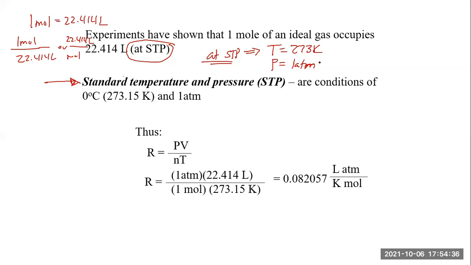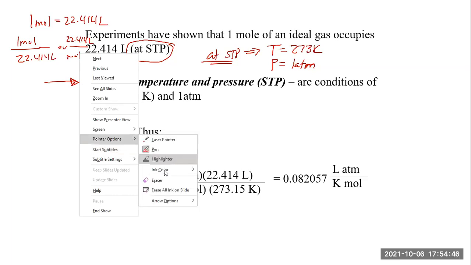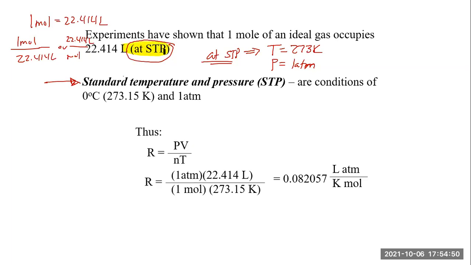So if you are at STP, you can do one of two things. For example, if you were trying to solve for a volume, you could use this relationship, but only at STP.